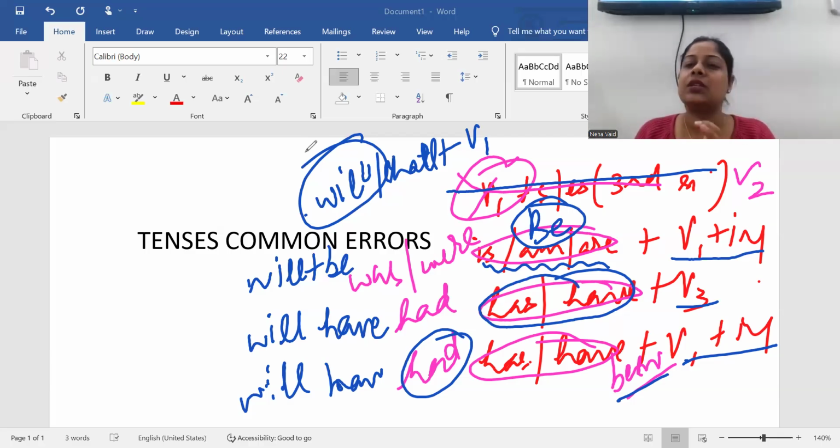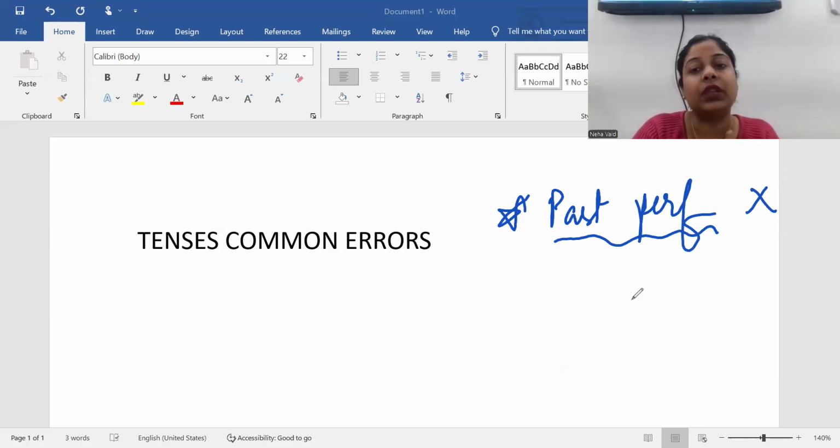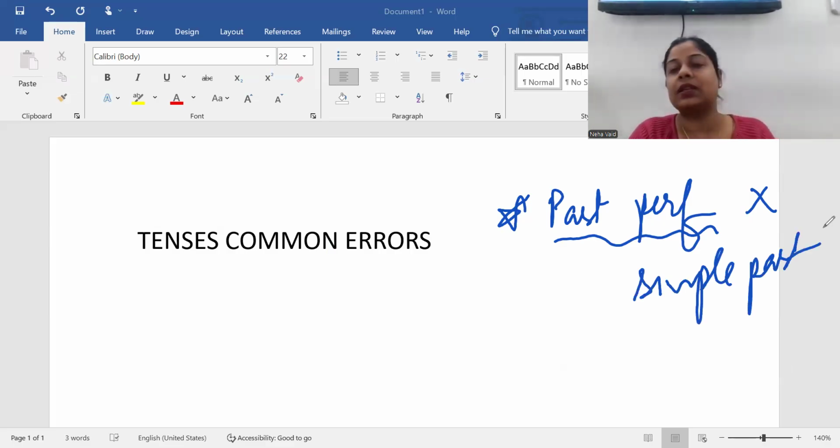A very clear time period is mentioned, so we are going to use simple past. Action finished. But how to use it in past perfect? Very important to know: your past perfect is not possible without simple past.